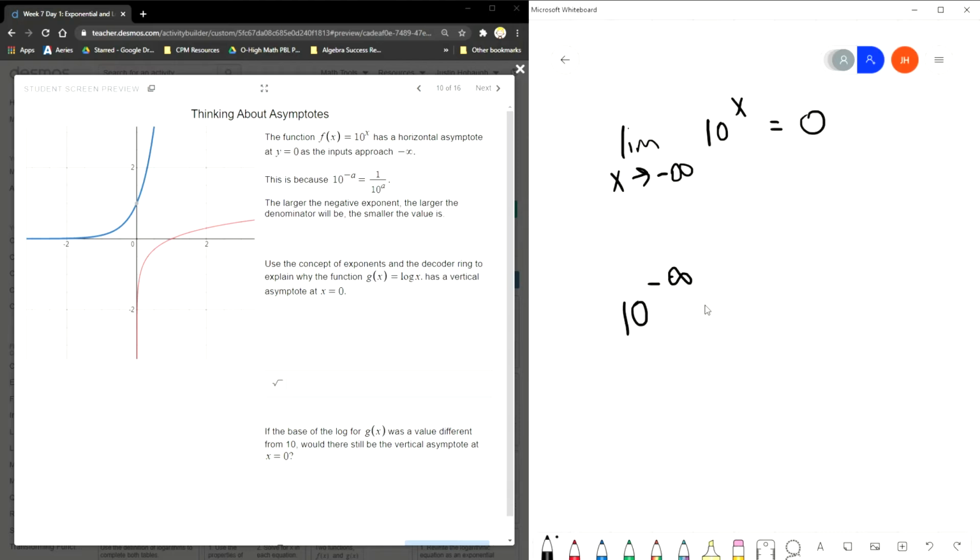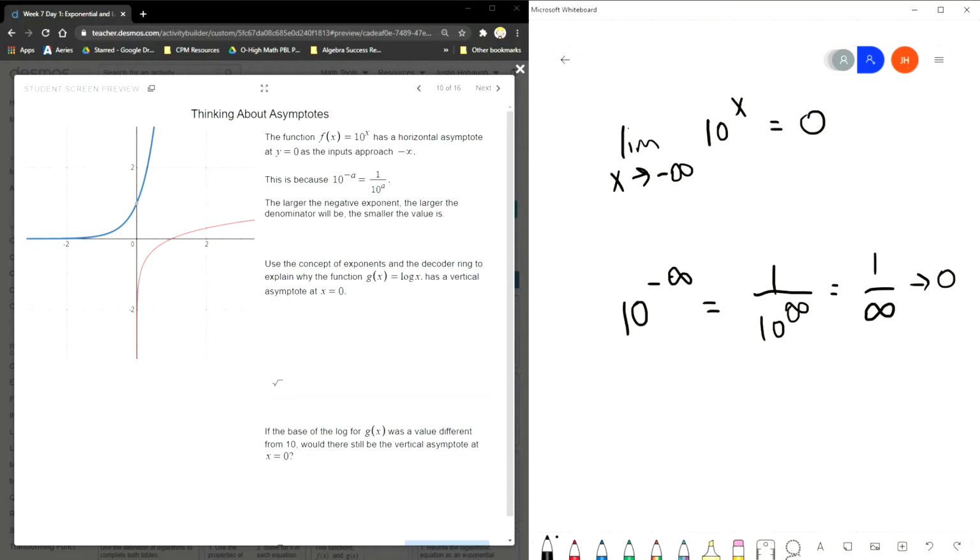Anytime you have a negative exponent, that results in a reciprocal, so it's 1 over 10 to the infinity. 10 to the infinity, or just 10 to a big number, because infinity is not a real number, is basically going to equal infinity. So I would end up with 1 divided by infinity. If I'm dividing by an infinitely large number, that will go towards 0. 1 divided by a huge number becomes essentially 0. So that's an explanation of why we have this horizontal asymptote here.